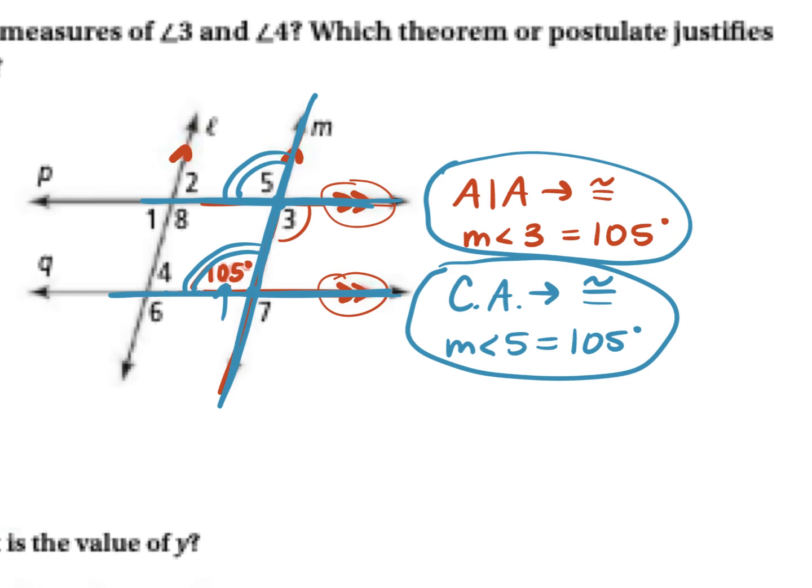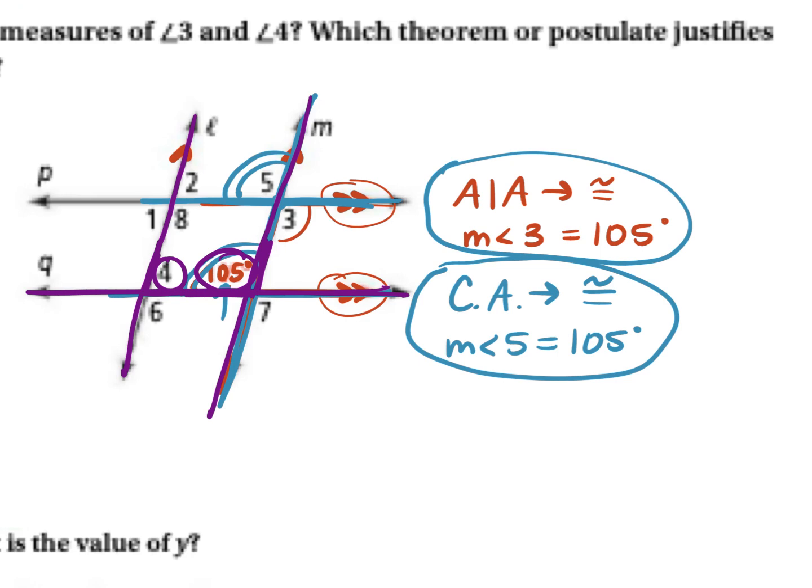Okay, so here's what I want you to see next. Look at angle 4. Angle 4 is here. We know that this one is 105. So if we're looking at these as our parallel lines and line Q as our transversal, what kind of angles are those two?